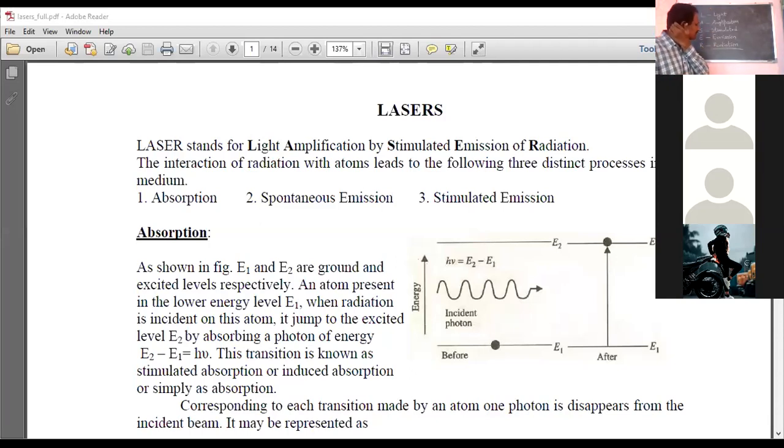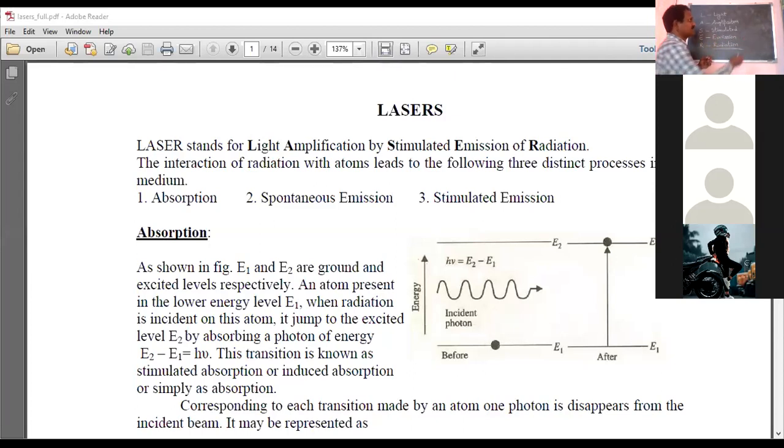Before lasers, is there any way through which we used to have radiation amplification done? Yes, there is a particular process known as MASER, microwave amplification, in which also we have radiation as an output.